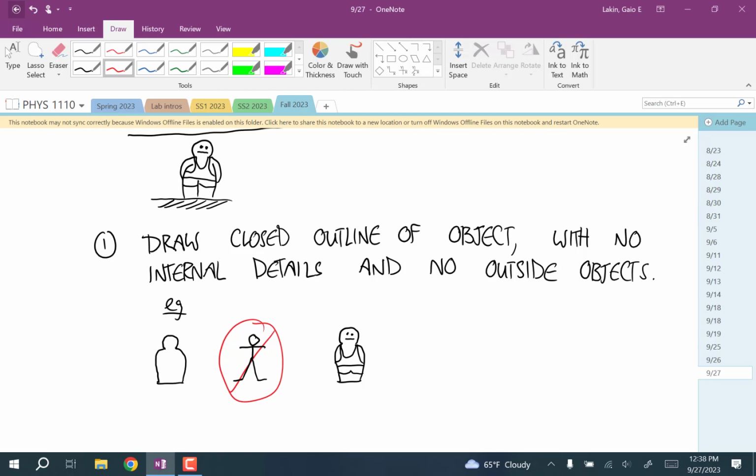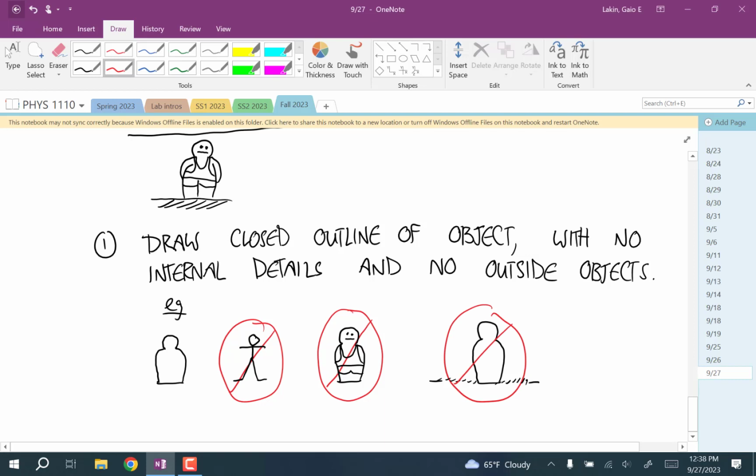The only thing that's relevant to us about our chosen object is the boundary that separates it from the surroundings. And then the last one, don't do this, because putting that ground in there creates ambiguity about what we're considering in our analysis.